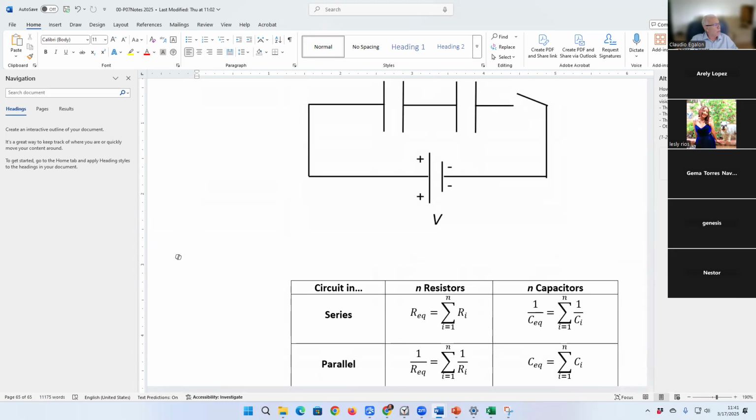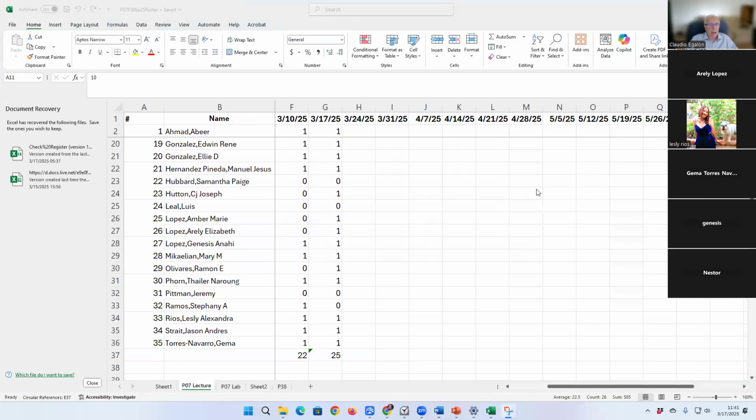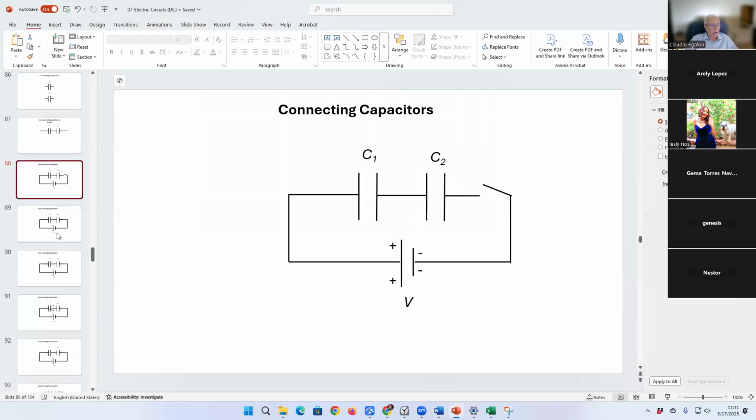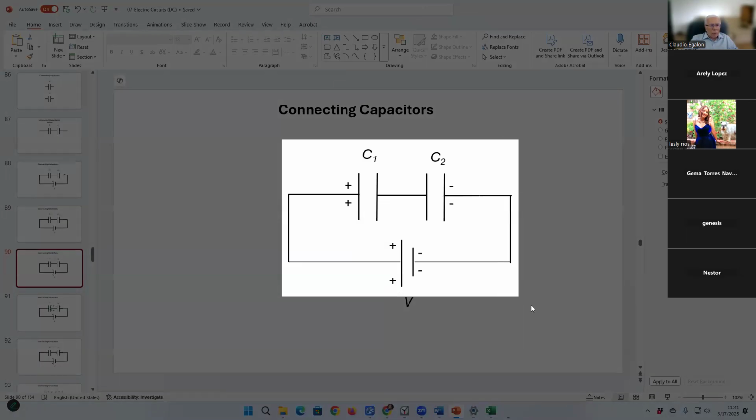Okay. Once you connect the two capacitors, current starts to flow in the circuit. The current is going to flow in this direction. Initially, we're doing step by step here.